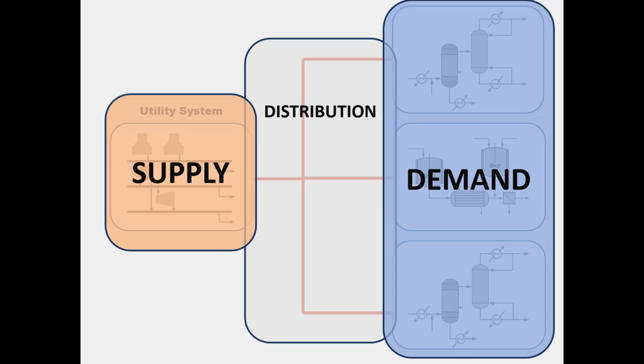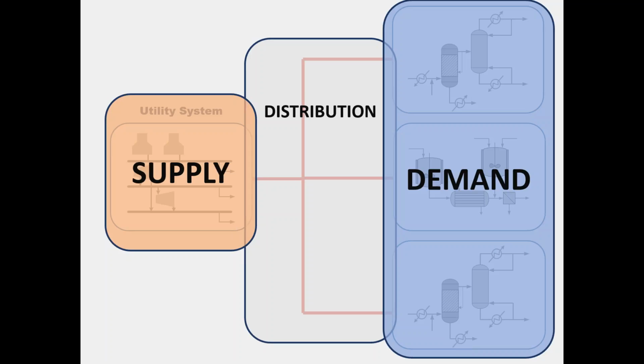And so when considering energy reduction, it's important to keep in mind that the demand is driven by the process. Now, obviously, there are some things we can do on the supply side to improve the efficiency of the supply, but if we don't address the demand side well, then we end up wasting energy more efficiently, I guess, is one way to put it.